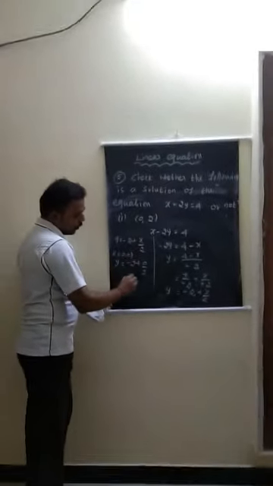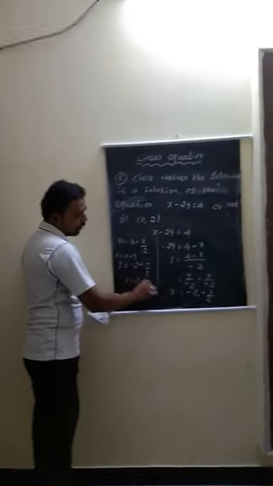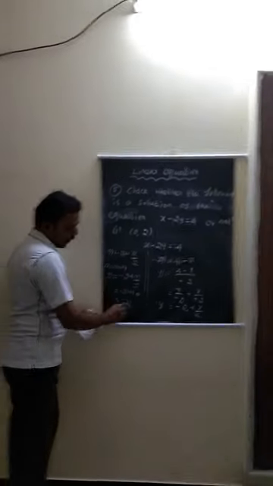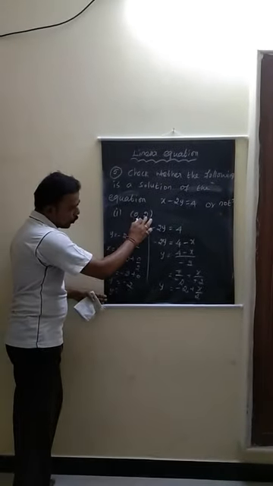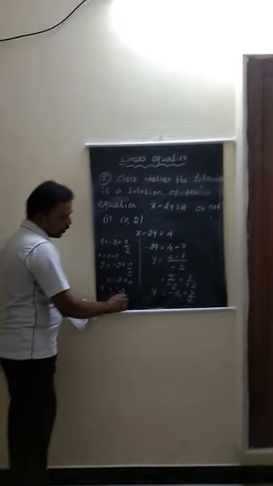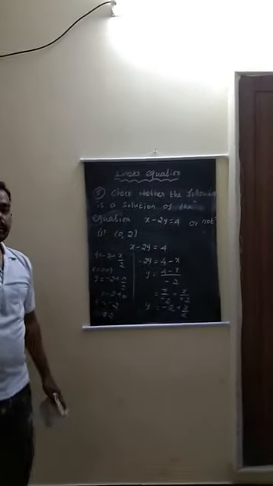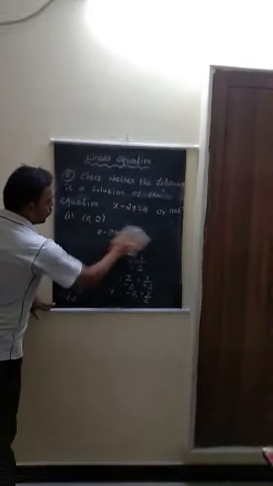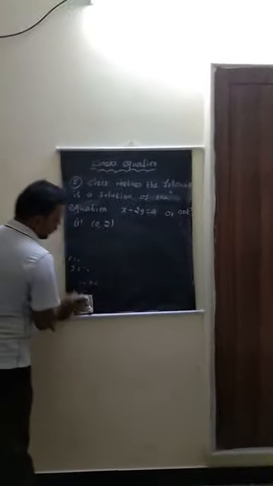That is equal to minus 2, 0 by anything is 0, plus 0. That is minus 2. So y equal to minus 2, but y given is 2. This is not equal to 2. So therefore 0 comma 2 is not a solution. Like that also you can write. Okay, so which one is easy? You can do by any one.